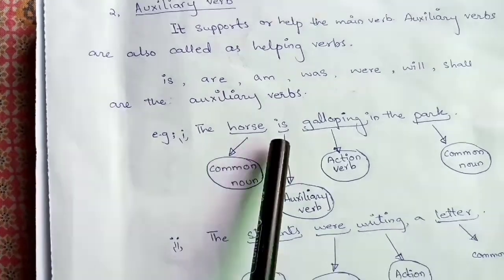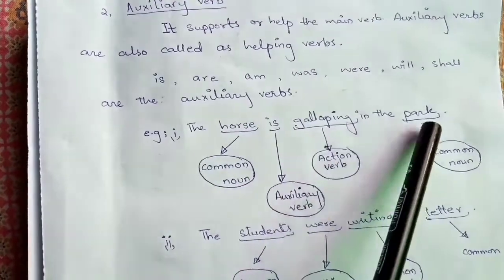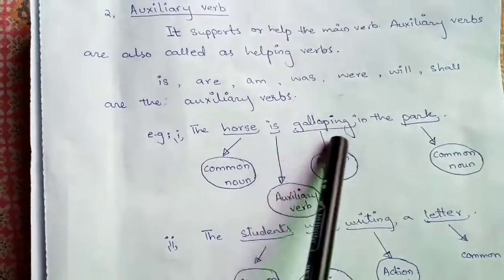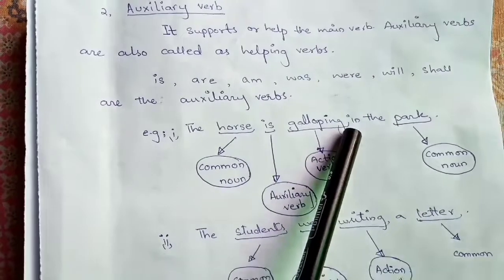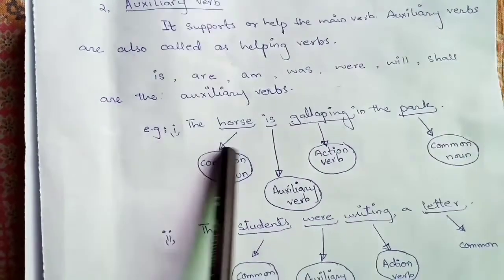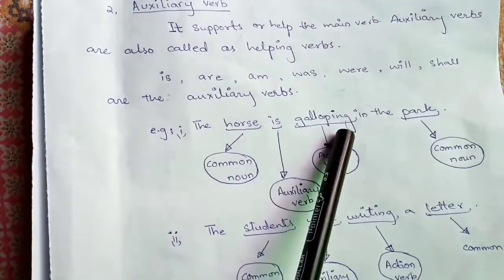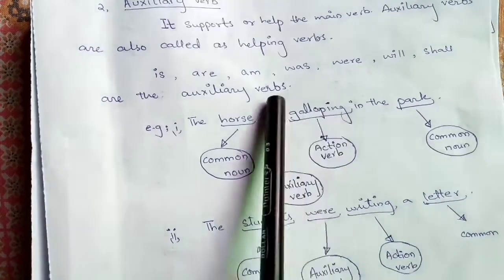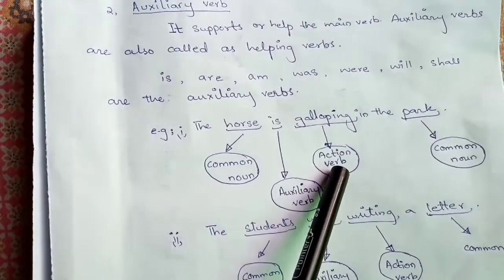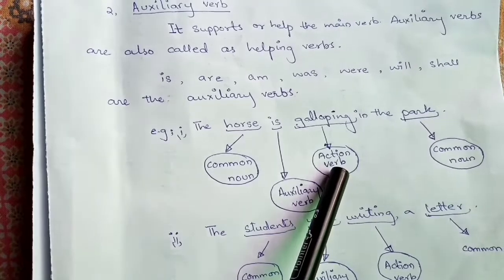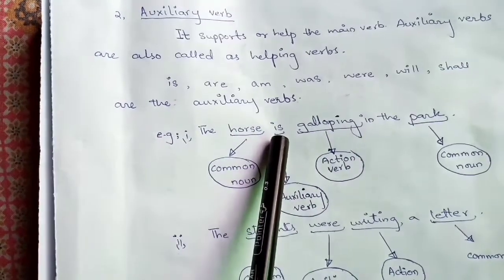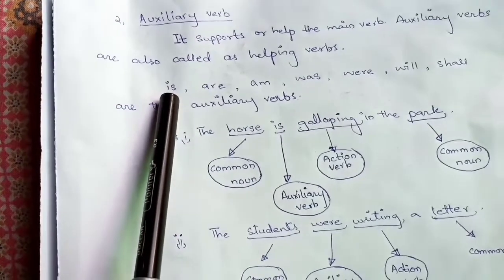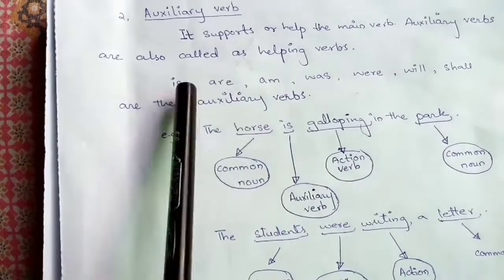Let's come to the example. The horse is galloping in the park. Galloping means jumping. In this sentence, the horse is doing an action. So galloping will be the action verb or the main verb. So what is the clue word in this sentence? Is. See, over here I have mentioned the clue word is.